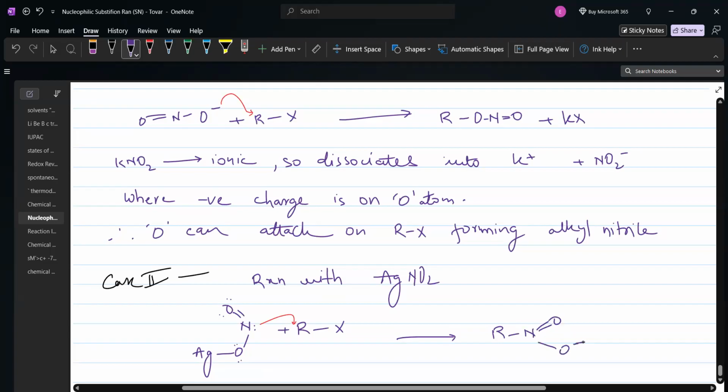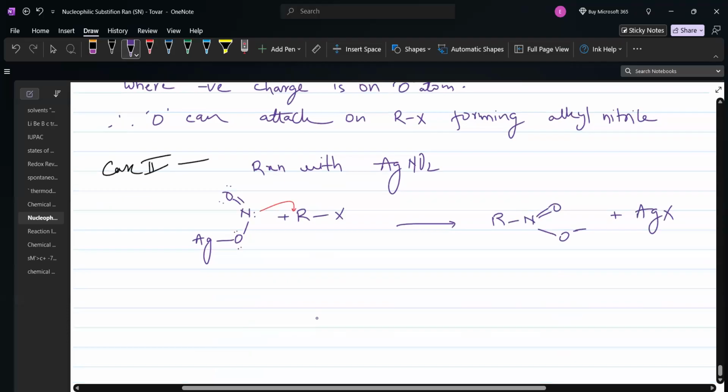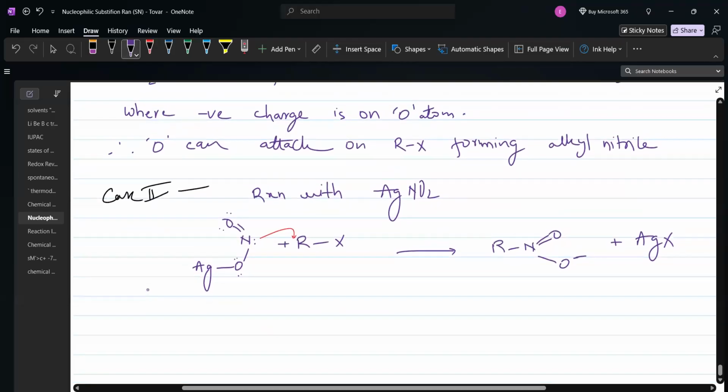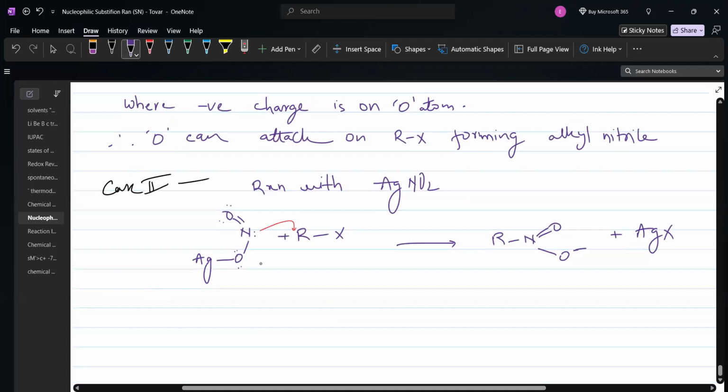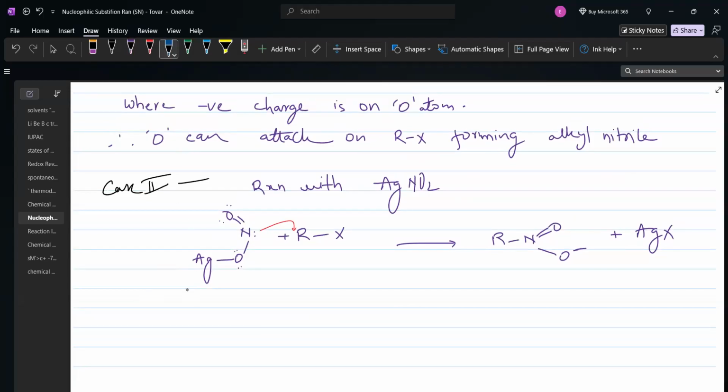So this will be the structure of it, and this will be the final reaction. The reason is that oxygen is busy, as it has already made a covalent bond with silver. Nitrogen has a lone pair, and lone pairs are also available with oxygen, but nitrogen is less electronegative than oxygen, so it donates electrons more easily than oxygen.